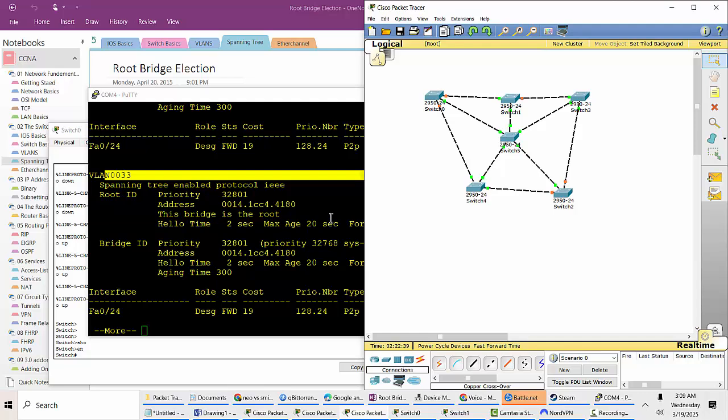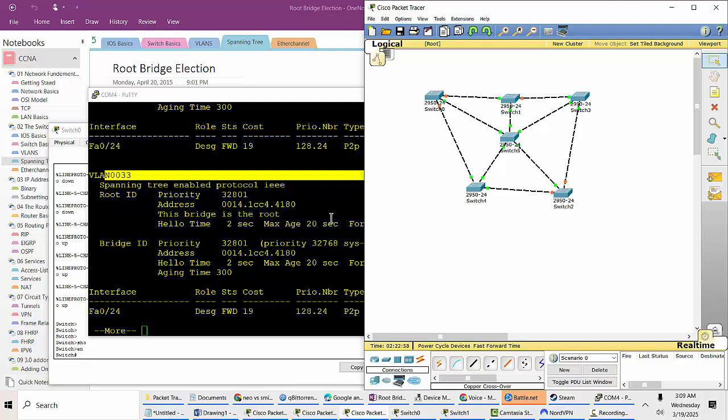This can be helpful by having some redundancy in your network: having half your VLANs running on this topology, half on that topology, so you're using all links.